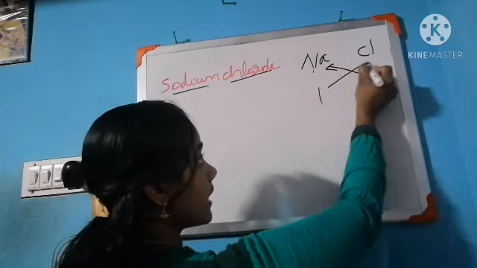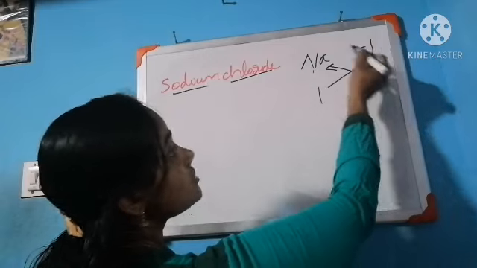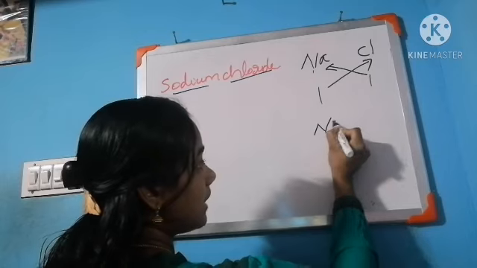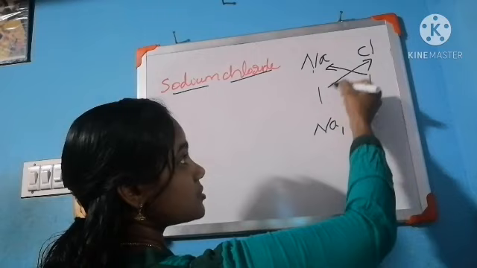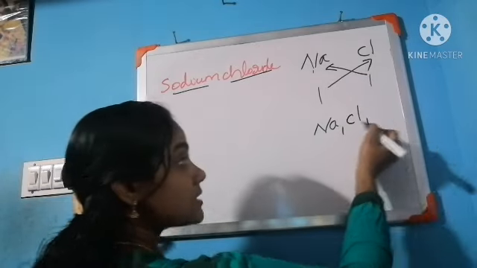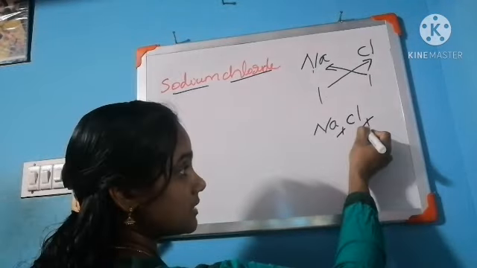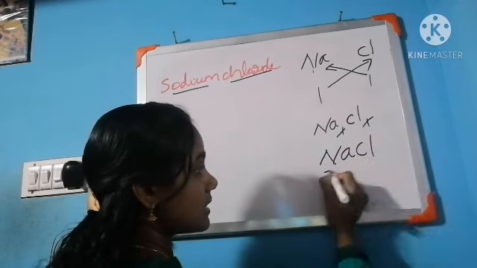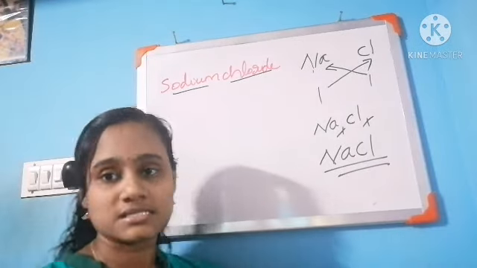Cross multiply: the valency of chlorine is written under the subscript of sodium, Na1, and the valency of sodium is written under the subscript of chlorine, Cl1. Both are 1, the same valency, so they cancel each other. The formula of sodium chloride is NaCl.